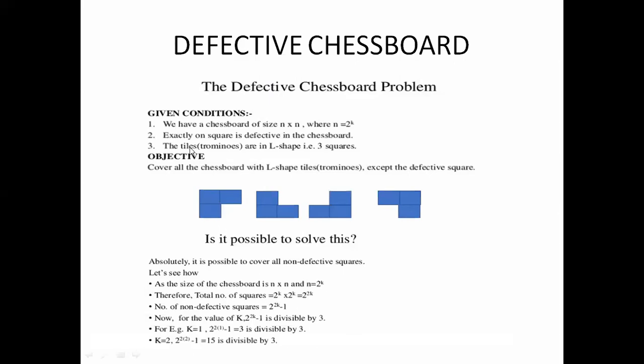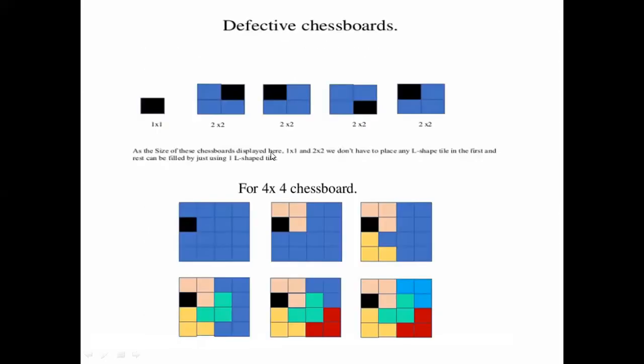So here we have the problem: a chessboard of n by n, where n is 2 to the power of k, with 2 to the power of k rows and 2 to the power of k columns. Only one square is defective on the board, which we represent in black color.